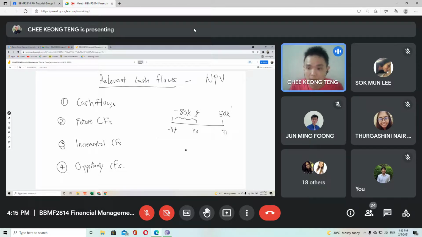If you include it, NPV equals the discounted amount, maybe already discounted to year 0 present value. Then your calculation will be 50k minus 80k. This one is the money you get, and this one is the cost that you have already paid. And then the NPV will be minus 30k. Then you say, it's not a good project, we should stop here.